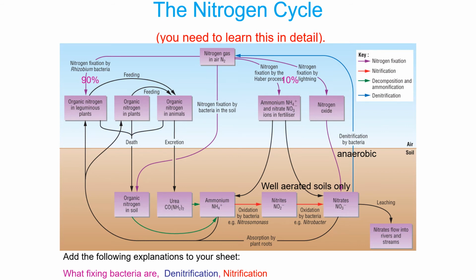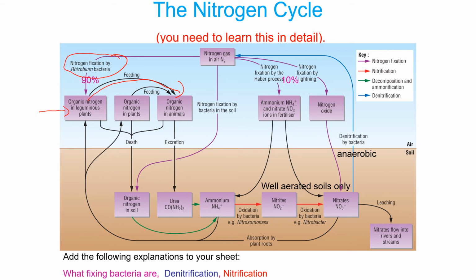The main way, naturally, is via rhizobium bacteria, which live in the roots of leguminous plants. Things like peas and beans are examples of leguminous plants. The bacteria live in what we call root nodules, and they are able to absorb the nitrogen from the air and convert it into ammonia. Those plants are then eaten by animals, and then it enters the food chain.